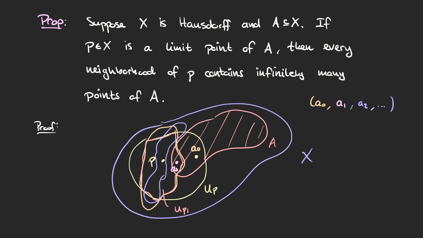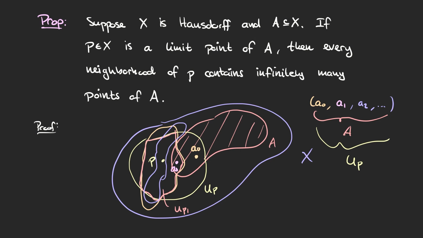Now we just continue on in this fashion, and we can do so indefinitely and obtain a sequence which consists of distinct points. Moreover, these points will all lie in the set A because we've obtained them as the result of P being a limit point of A. And finally, these points also all lie within the set UP because we've always intersected these neighborhoods we've obtained via the Hausdorff property with UP.